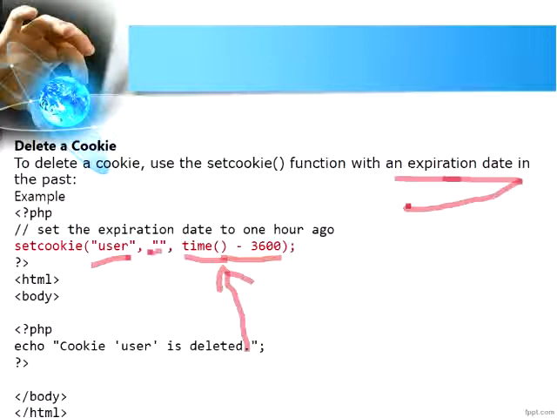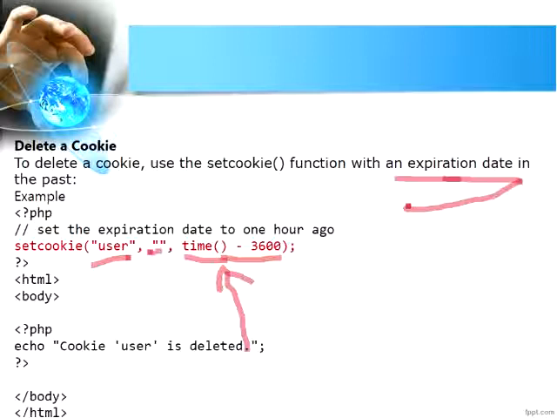That means we want to set the expiration to this time minus 1 hour. And for this reason, the cookie will be deleted, because the time of 1 hour in seconds, yes, because the time must be in seconds. So for this reason, the cookie will be deleted.